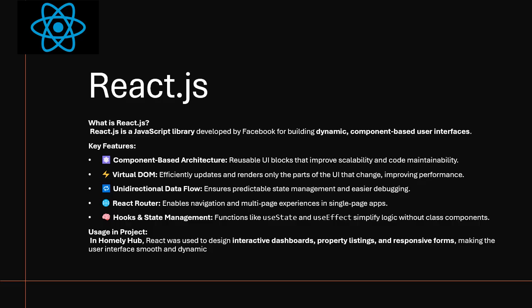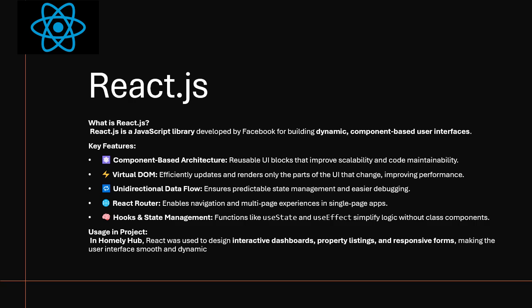And now let's understand what the virtual DOM means. The virtual DOM stands for virtual document object model, which gives us a virtual representation of our project, through which we can improve the performance of our code. It also includes unidirectional data flow, which ensures predictability of state management and easier debugging.